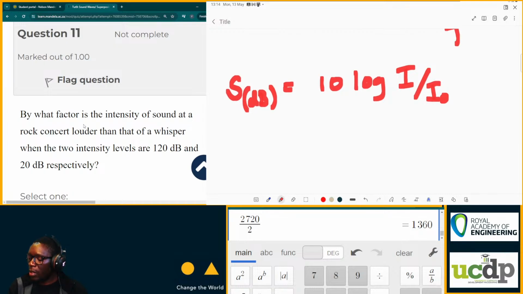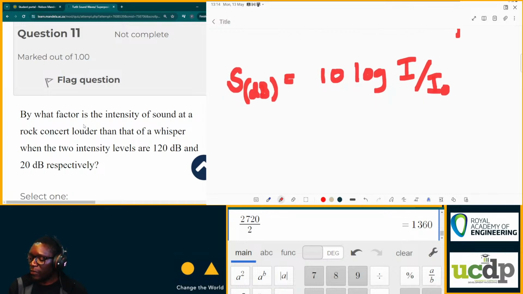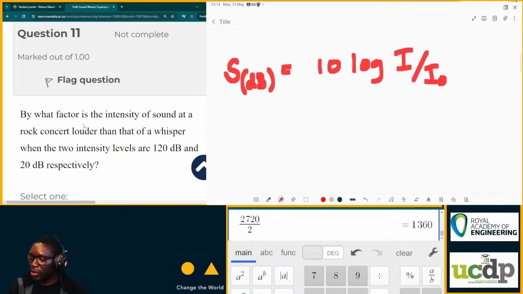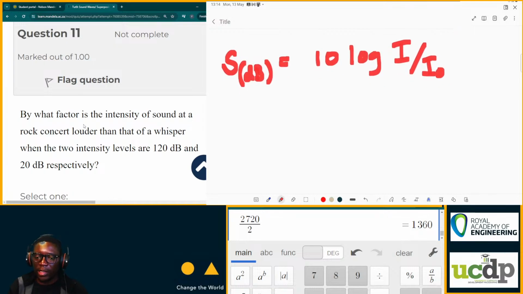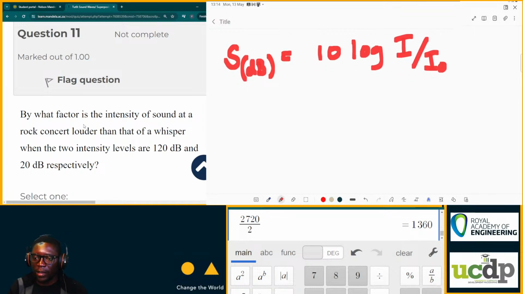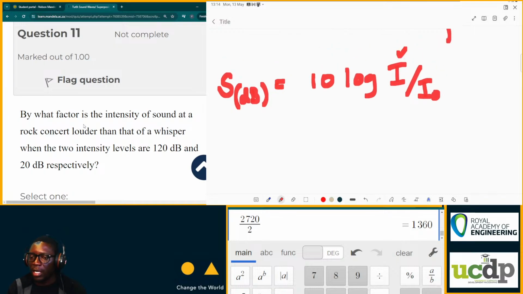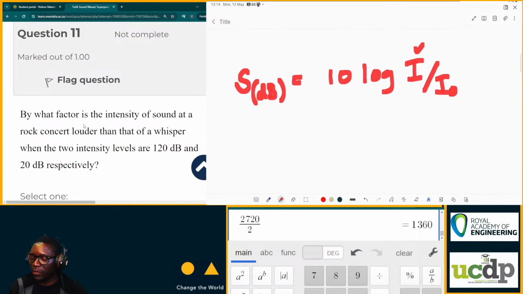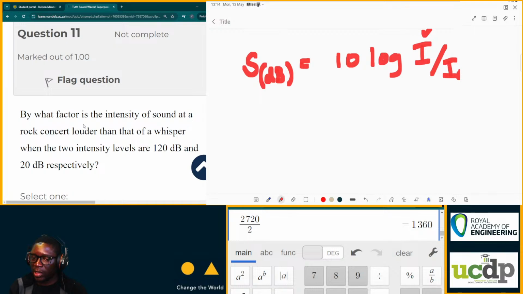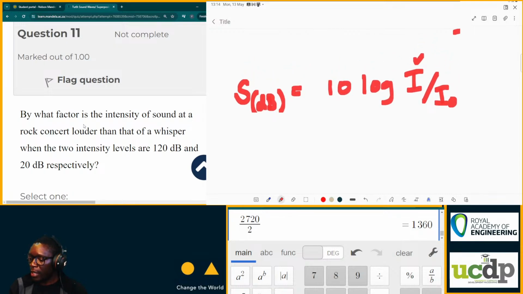So that's watts per square meter for intensity. So the 1 times 10 to the minus 12 watts per square meter. So in this case, for this sound level, we're told that we will need to find by what factor the intensity of this sound is louder than that of a whisper. And the sound levels are 120 and 20 decibels respectively.